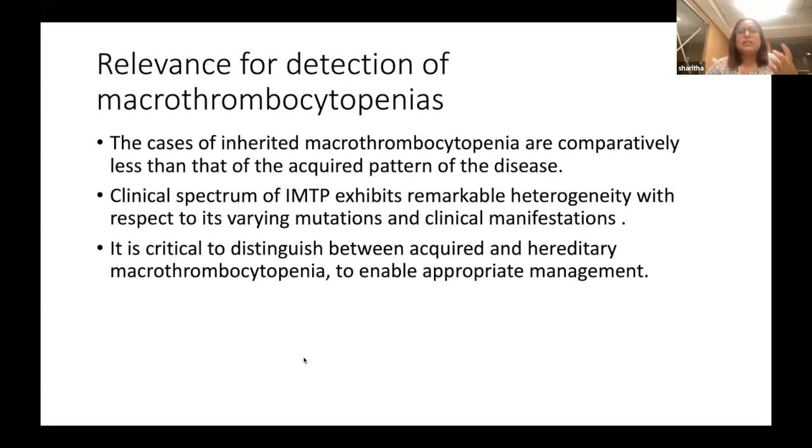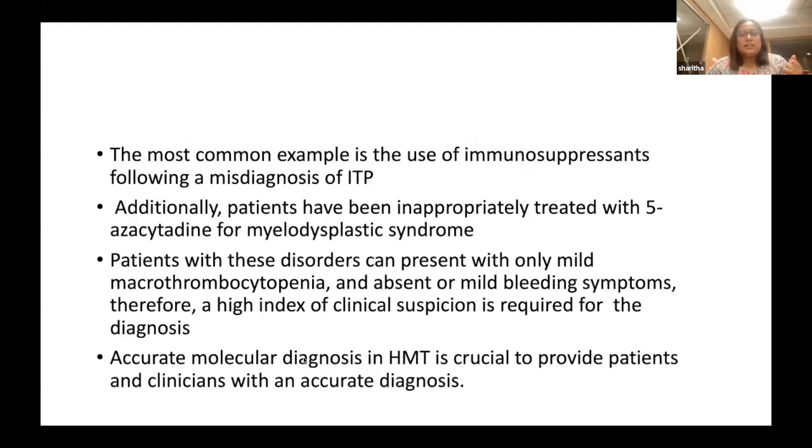So the clinical relevance is that it is very critical to distinguish between the acquired causes of giant platelets and the inherited causes of macrothrombocytopenia. There have been reports where congenital macrothrombocytopenias have been mislabeled as ITP, and the patient has been subjected to various treatments like steroids, splenectomy, and immunosuppressants without improvement of thrombocytopenia.